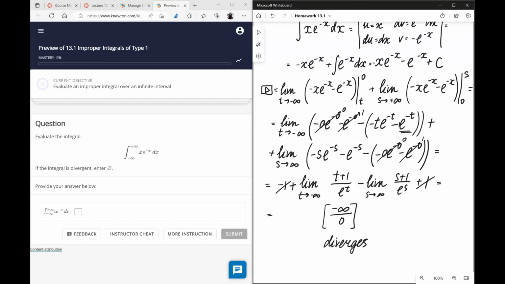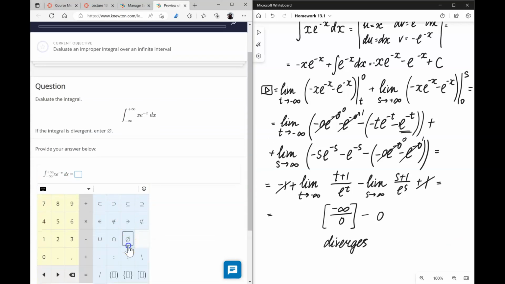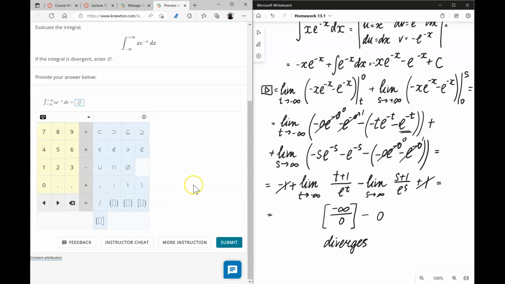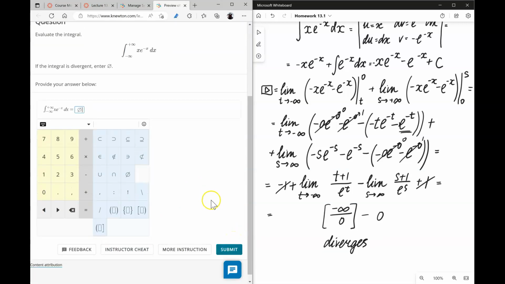It doesn't matter what's going on with the second integral, although it's 0. So we're ready to answer the question. We believe that this integral diverges, and therefore we're going to enter that answer.